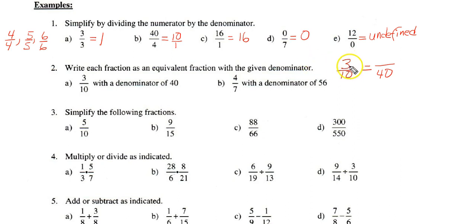So we want to multiply this fraction by 1 so that the denominator becomes a 40. So what form of 1 will we choose over here? These are all forms of 1. And if you said 4 over 4 as a form of 1, that is correct. So 10 times 4 is 40. 3 times 4 is 12.